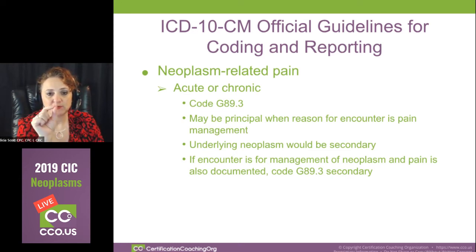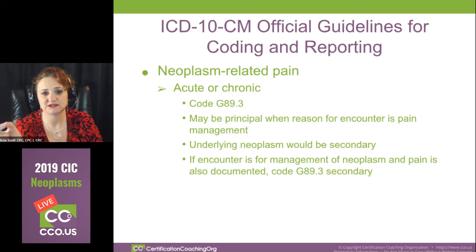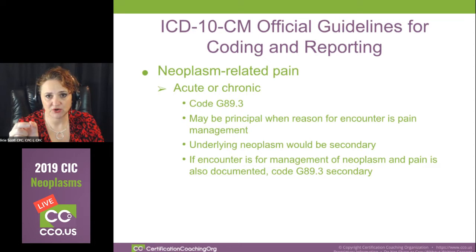If the reason for the encounter is the treatment for the pain resulting from the neoplasm, then you code the G code first, and the secondary code will be the neoplasm. However, if it is just management of the neoplasm and pain, the cancer gets coded first, and then the pain, the G89.3.